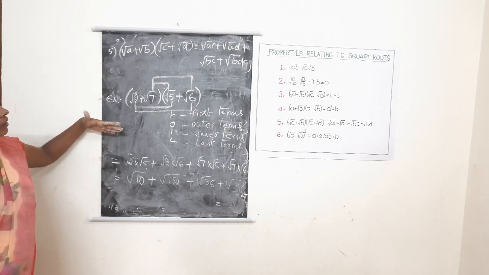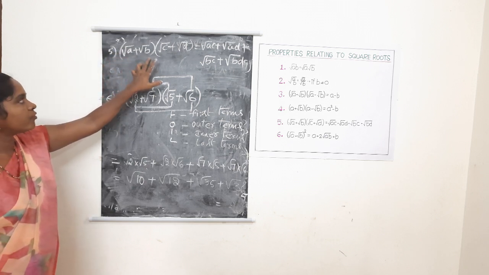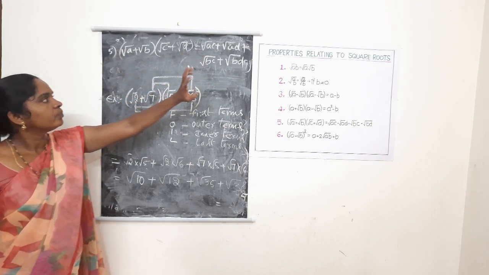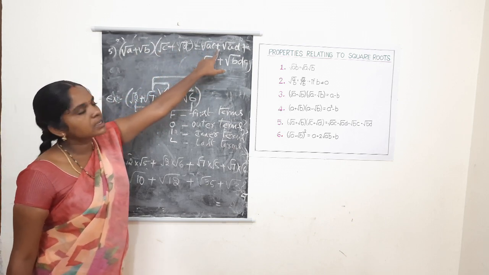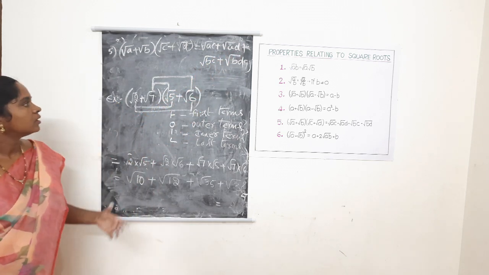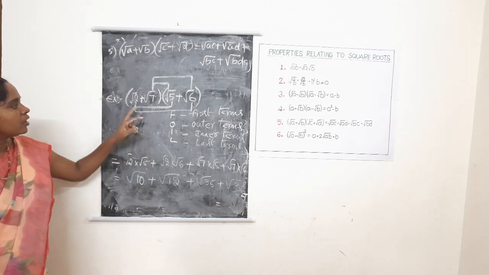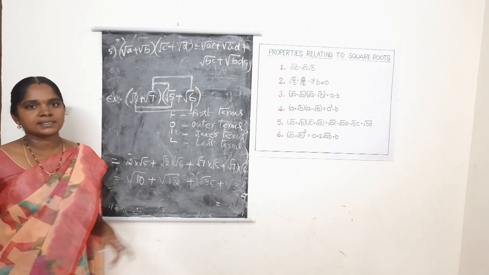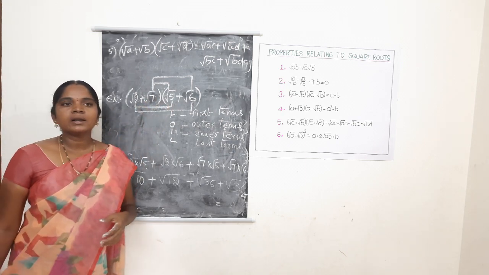So once again I will explain. The fifth property is (√a + √b) × (√c + √d) equals √ac + √ad + √bc + √bd. Let us see one example: (√7 + √2) × (√5 + √6).